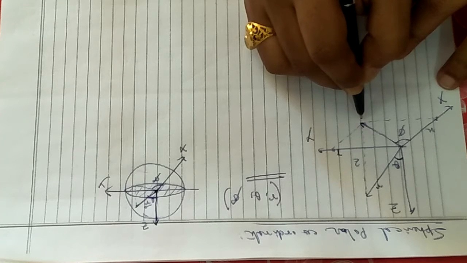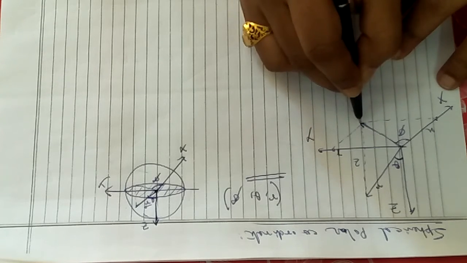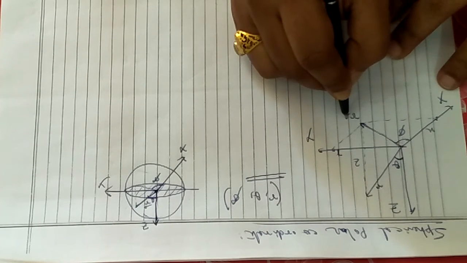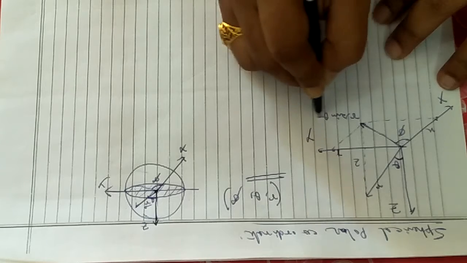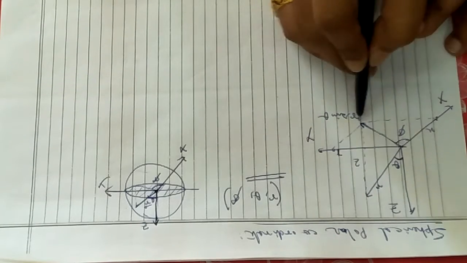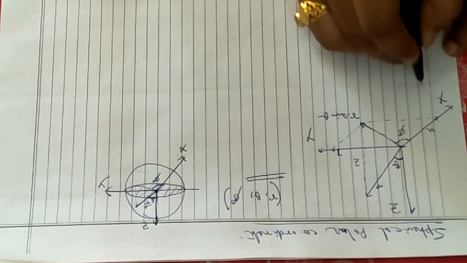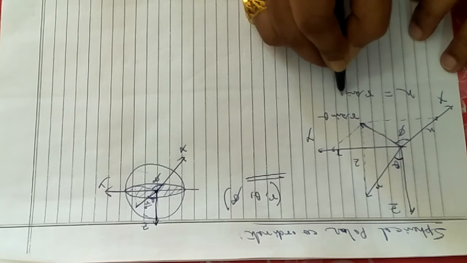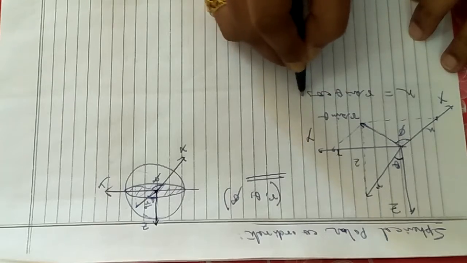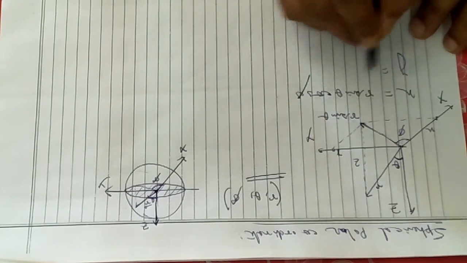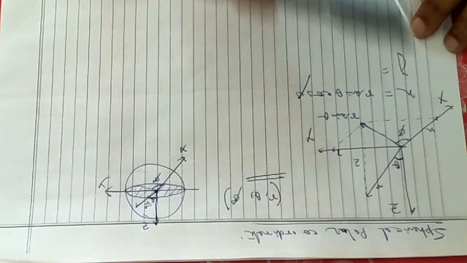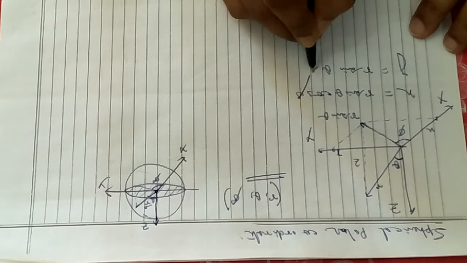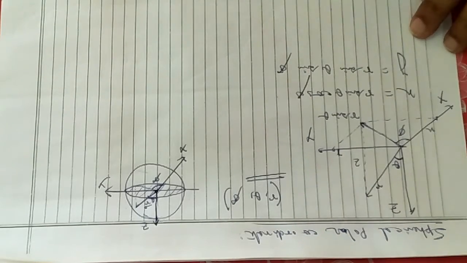This vector is r cos theta, and this vector on the meridian plane will be r sin theta. So the component of r sin theta along x, so x will be equal to r sin theta cos phi. Similarly, y will be the component of r sin theta along y, so it will be r sin theta sin phi.